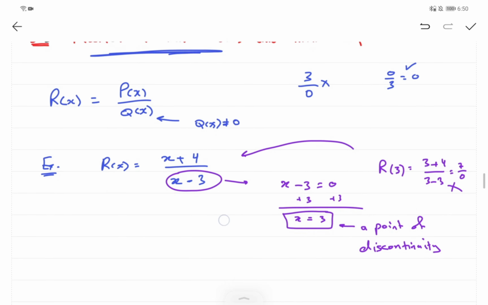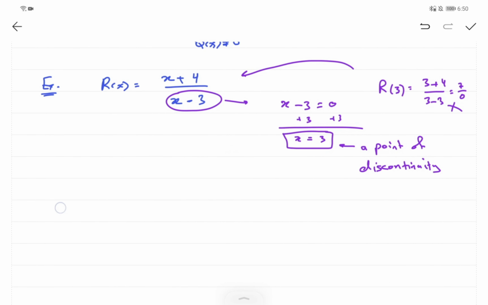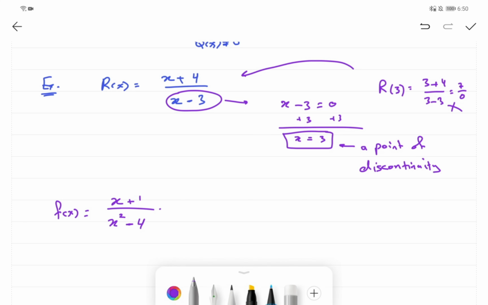Let's take another example. Let's say we have f of x equals x plus 1 over x squared minus 4. Now, what's the denominator in this situation? It's x squared minus 4.